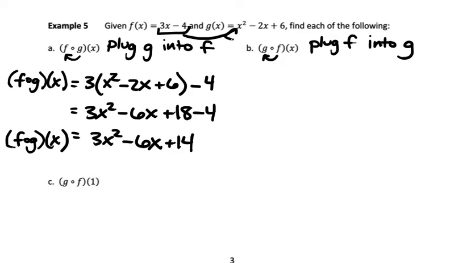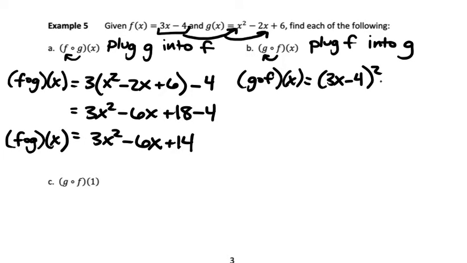Now in the g function there are two x's and both of them need to be replaced with 3x minus 4. So that's going to give me 3x minus 4 squared minus 2 times 3x minus 4, and then I have plus 6.